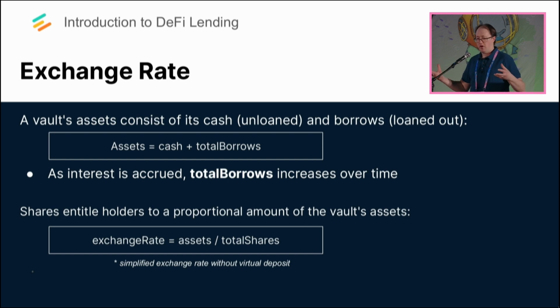Both of those are assets that the vault owns, and when you sum them together, you get the total value due to this pool. Then you simply divide that by the total number of shares to figure out how many assets each share is worth. Notice the little asterisk there. This is a slightly simplified exchange rate because it doesn't use the virtual share protection we'll talk about shortly.